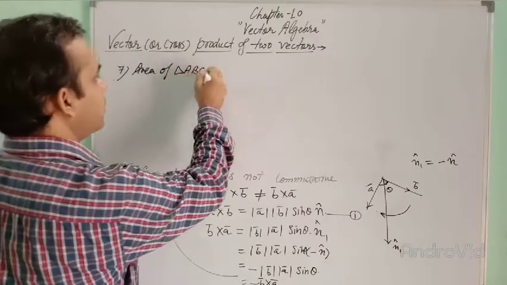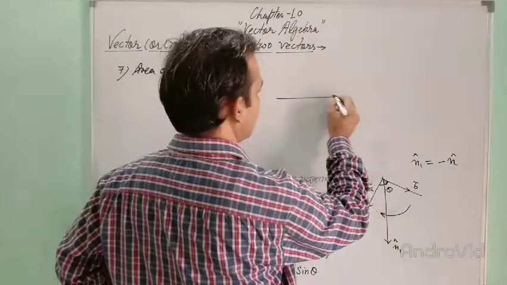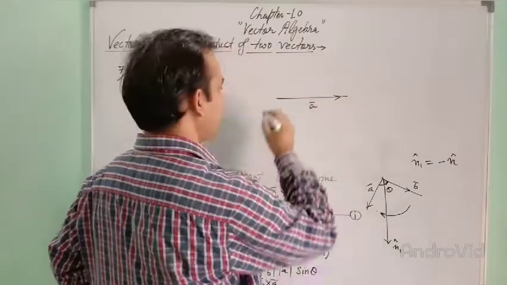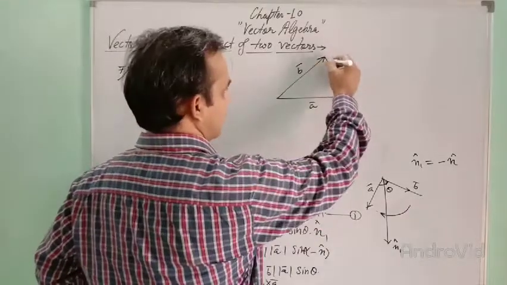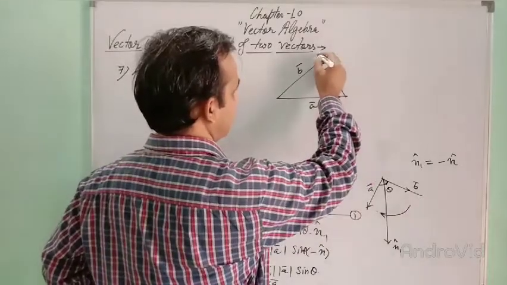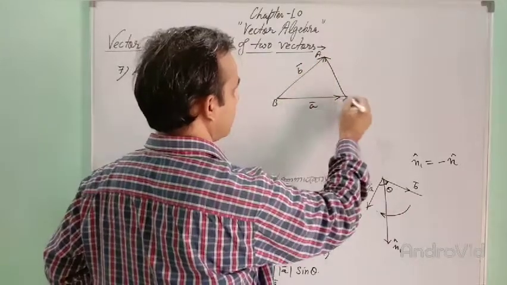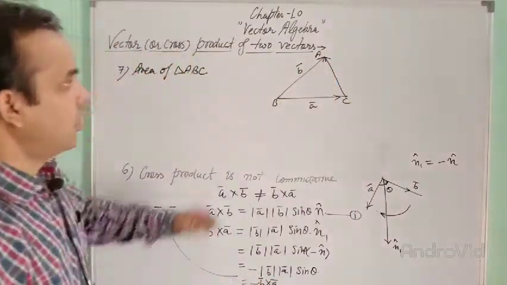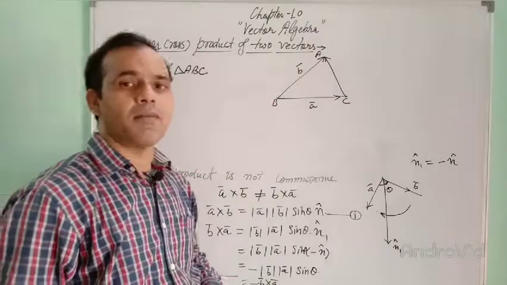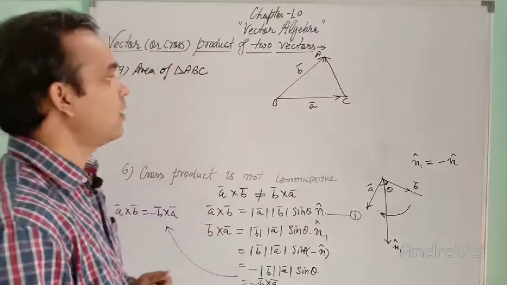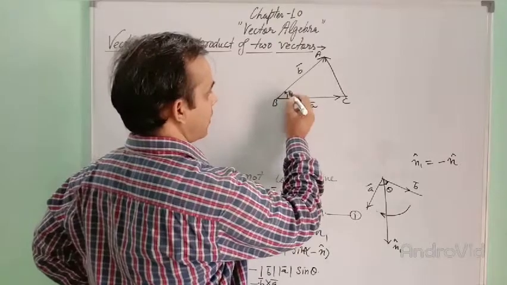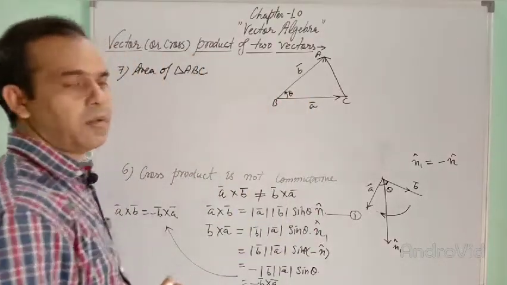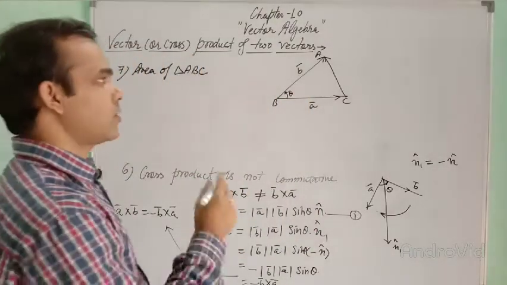Suppose A, B, C. This is the vector A and this is the vector B, and this is the third side of the triangle ABC, the CA vector. Two vectors A and B are given that are the adjacent sides of triangle ABC, and theta is the angle between A and B, and we want to get the area of this triangle.